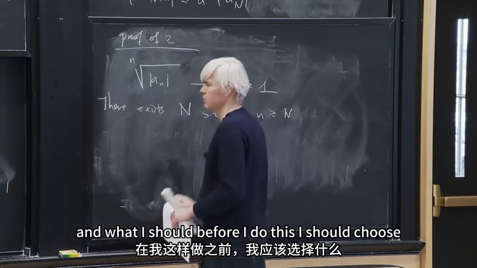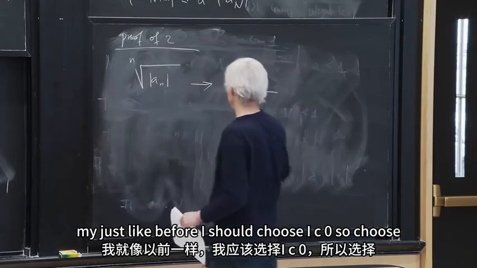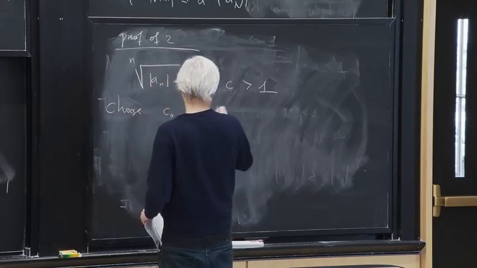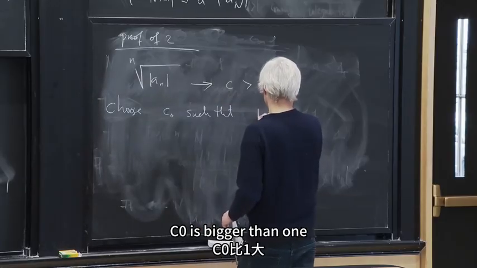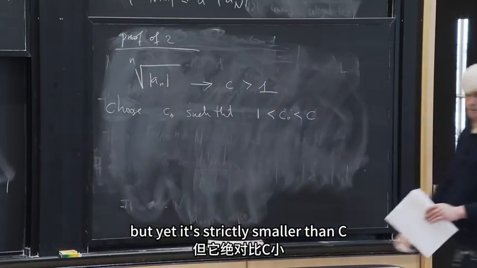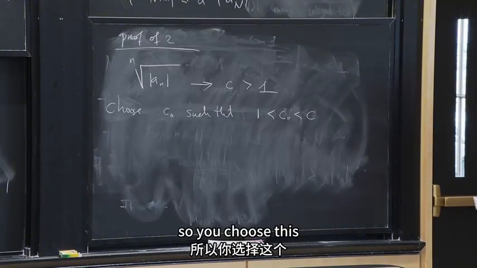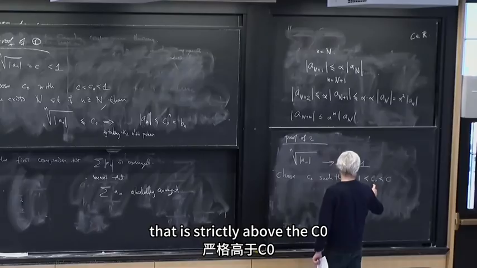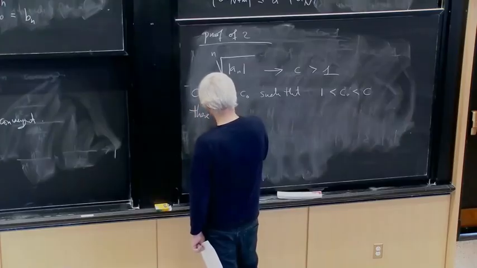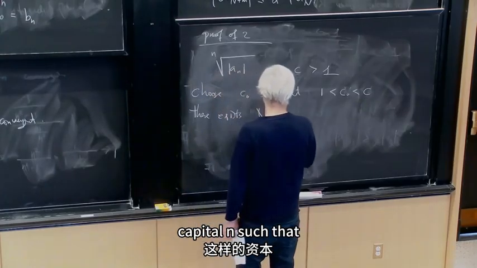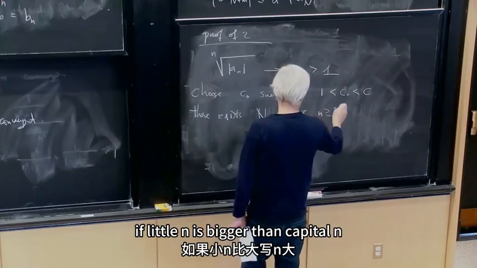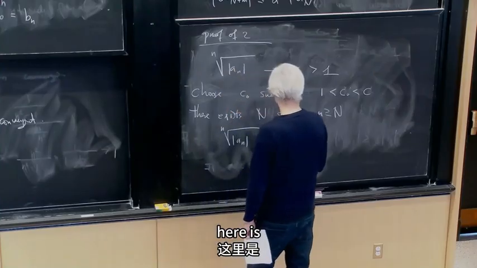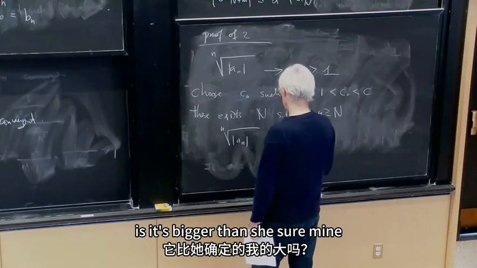Before I do this, I should choose, just like before, my C0, such that C0 is strictly bigger than 1, but yet strictly smaller than C. So you choose this, and because this limit converges to something that is strictly above C0, this means that there exists a capital N such that if little n is bigger than capital N, then the nth root here is bigger than C0.